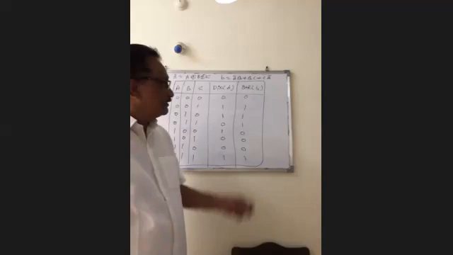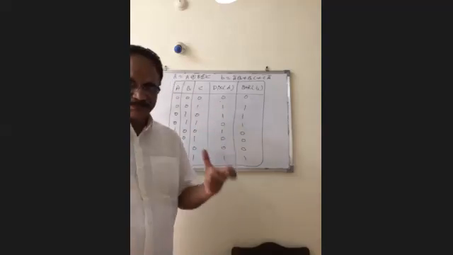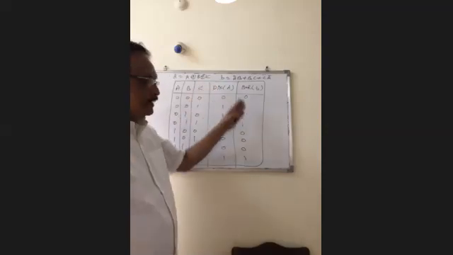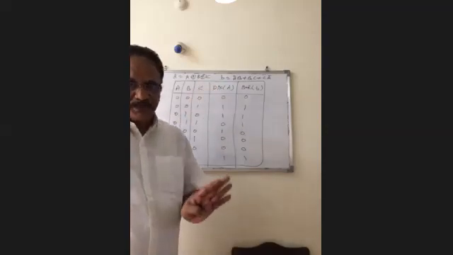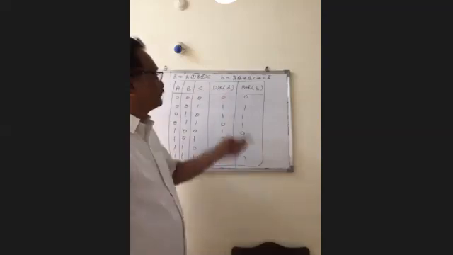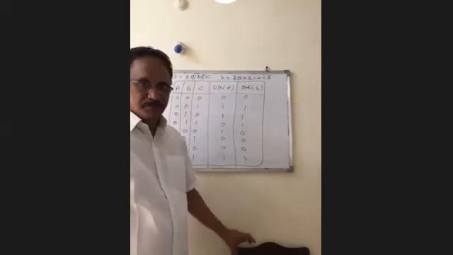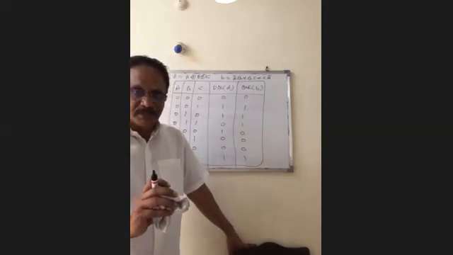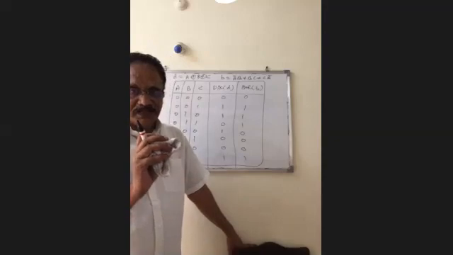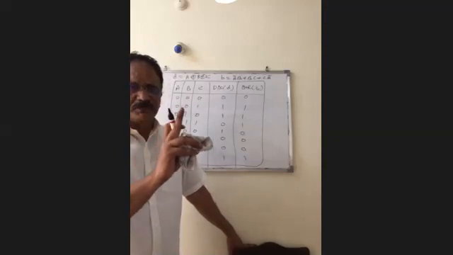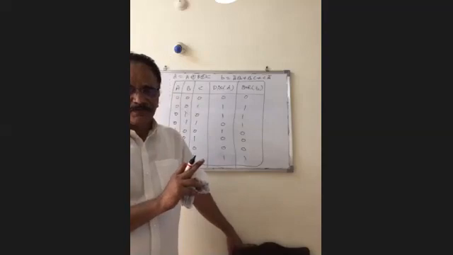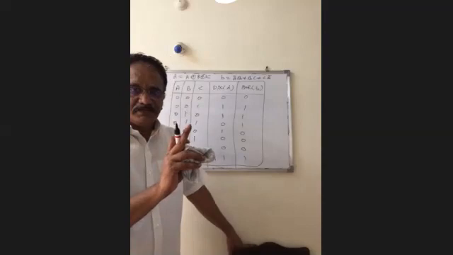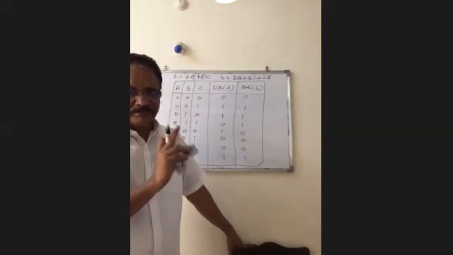First, draw the function table of the full subtractor. Next, write the output expressions for difference and borrow, and obtain the minimal output expressions for difference and borrow. For difference, the output expression is A exclusive OR B exclusive OR C, same as the sum output of the full adder.